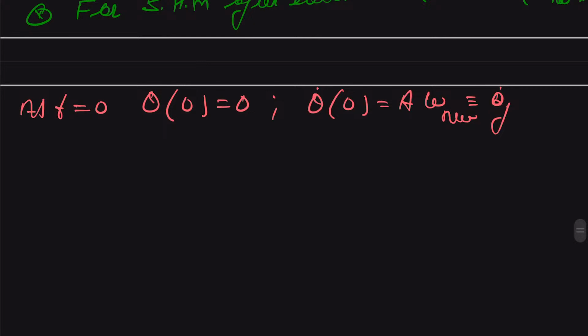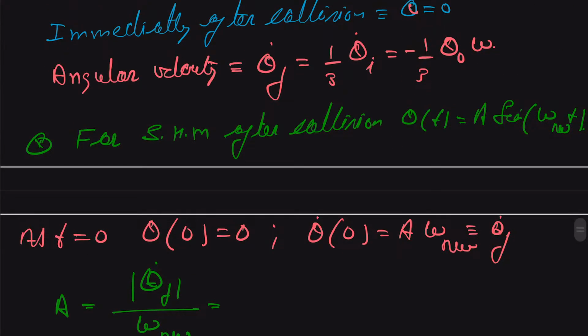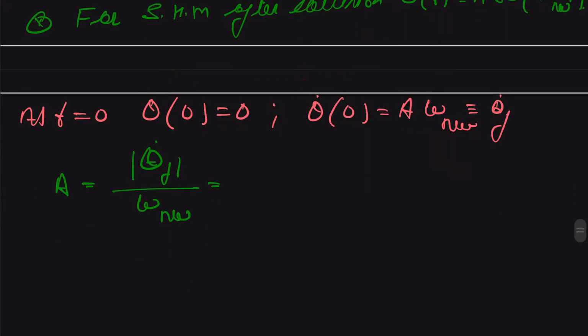Therefore our amplitude A will be equal to the magnitude of theta dot final divided by omega nu. We are only interested in magnitude because the negative sign is only with respect to direction.